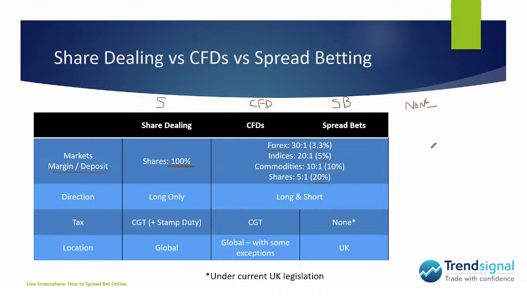What that basically means is if I wanted to trade shares as a spread bet, for that same £1,000 notional value, I'd need £1,000 on my shares account. But as a spread bet, I'd only need 20% of that, a fifth of that. So to do the equivalent value, I would only need £200 on my account. My broker then gives me the buying power of £1,000 worth with my £200.